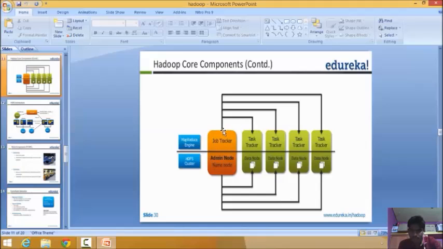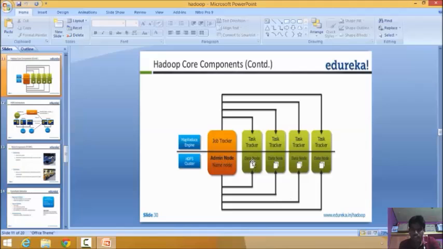Here, job tracker assigns the jobs to different task trackers. Task trackers allow the data node to process the task given by the name node.